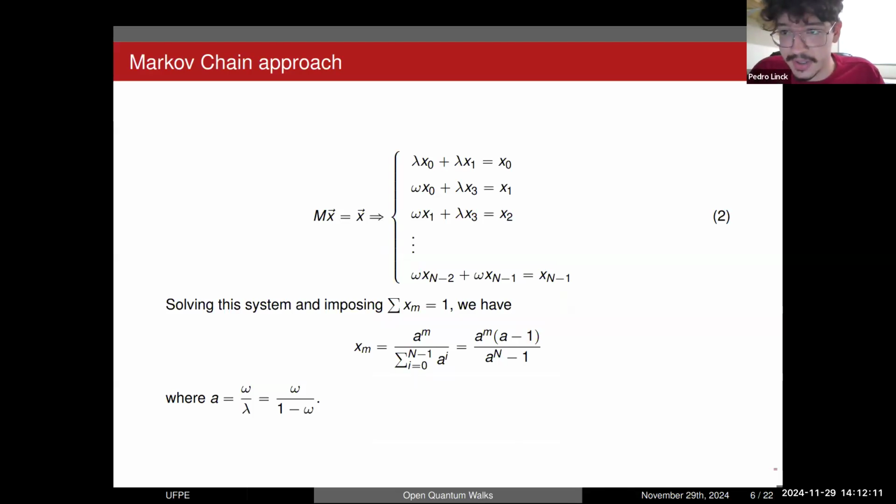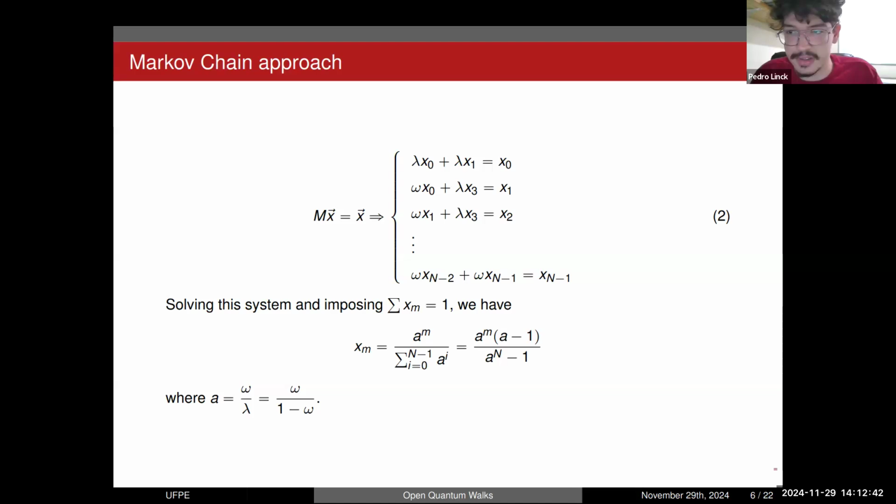So essentially, we need to find an eigenvector of probabilities with eigenvalue 1. We can find this relatively easily, just by solving this linear system, and we find these x_m's, which are the probabilities in each node m, okay? The x0, for example, is the long-term steady state probability after infinite time.